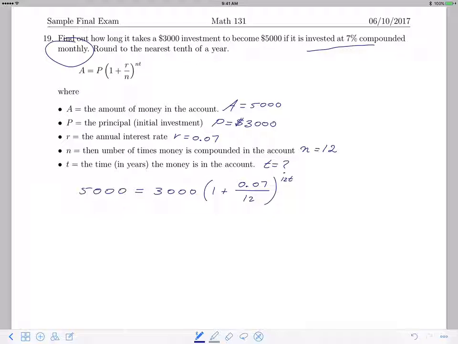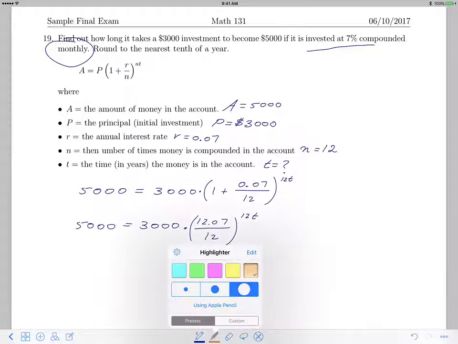So now, our unknown is here in the exponent. This is an exponential equation. And to solve an exponential equation, we want to get the exponential isolated. Let's add the numbers in the parentheses first. 5,000 equals 3,000 times 1.0058 or so, that is 1 plus 0.07 over 12, to the power of 12t.